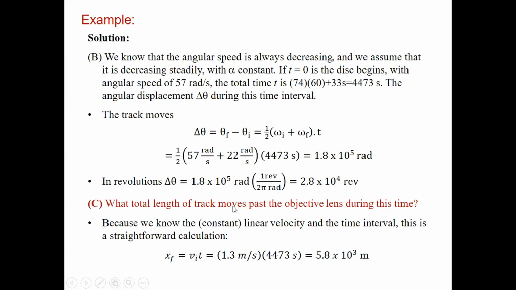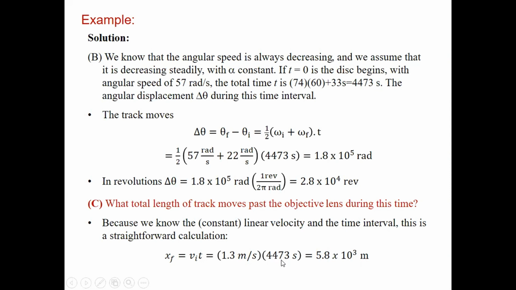What total length of the track moves past the object lenses during this time? Because we know that the linear velocity is constant, and the time interval is known, it is very straightforwardly calculated as x final equal to velocity multiplied by time. 1.3 meters per second is the velocity.